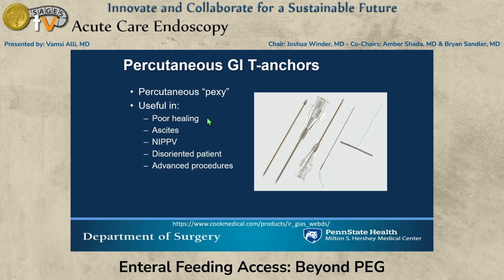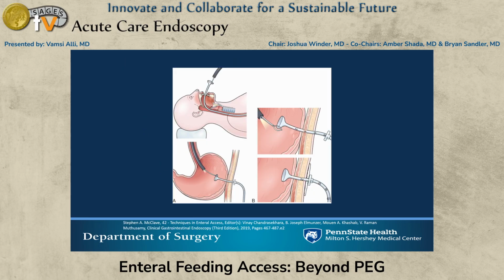So it's useful in malnutrition, poor healing, ascites, patients who are getting non-invasive ventilation to avoid any early egress of gas into the peritoneal cavity. Patients who are disoriented, who you're worried about early tube dislodgement, and in some of the advanced procedures, particularly the use of the introducer and in PEG procedures, as we talk about here.